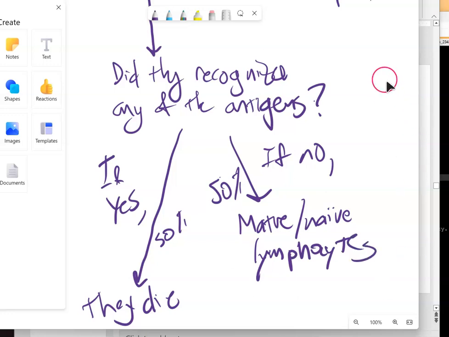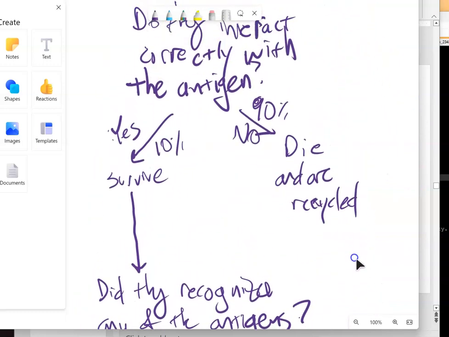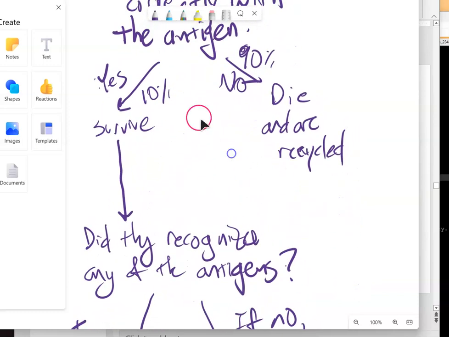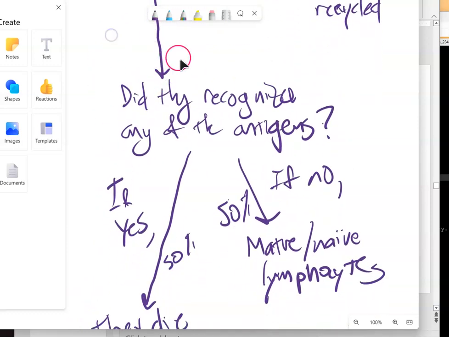And that's lymphocyte education. It's really two questions they get asked. Do you correctly work as a lymphocyte? Yes, you survive. 90% of immature lymphocytes have some problem and get killed. And then the ones that are successful lymphocytes, do they recognize? Does their receptor recognize any human proteins?